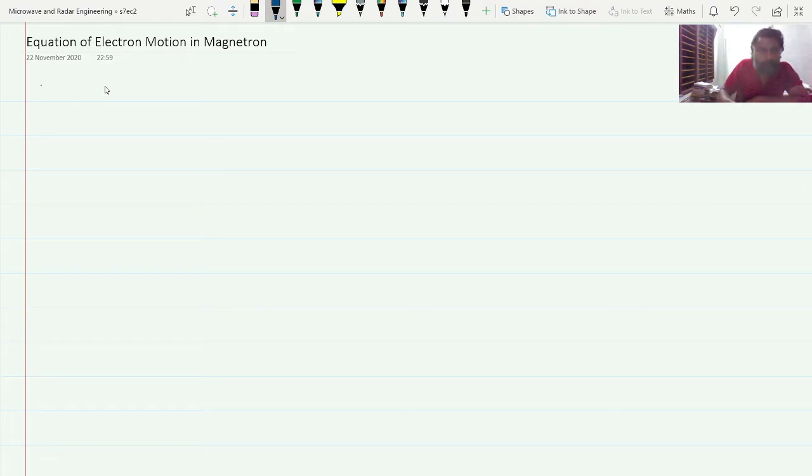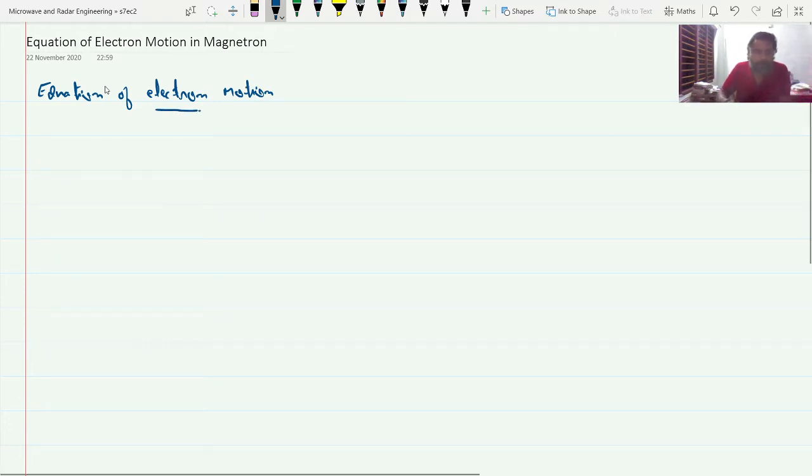So, equation of electron motion. I will write that one and derive the expression for it.